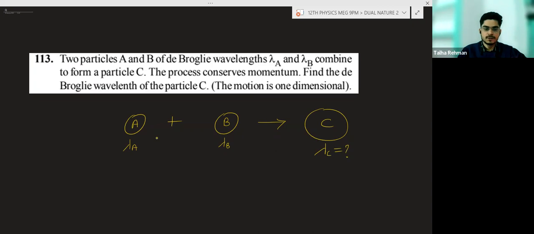So before the combination of the two particles, suppose the initial velocity of this is VA and the initial velocity of this is VB, and there is no particle number C.